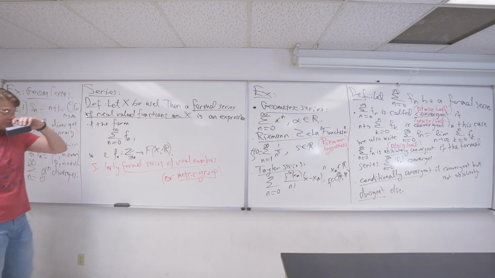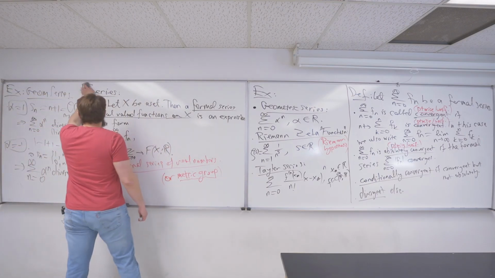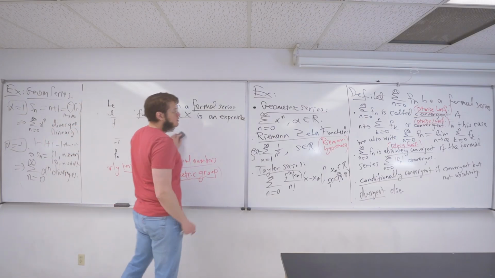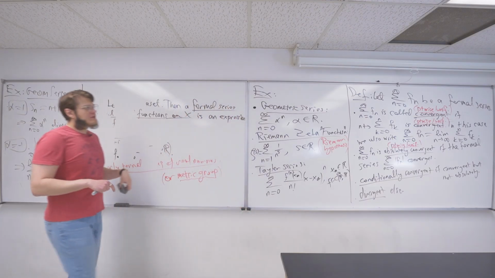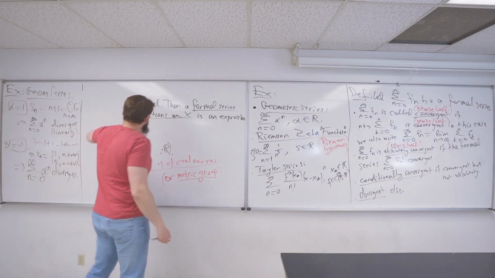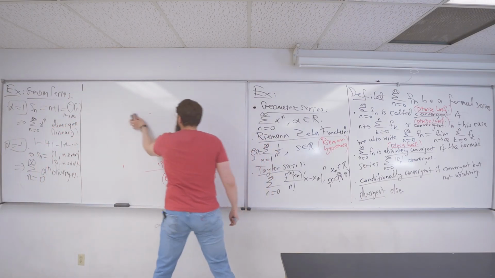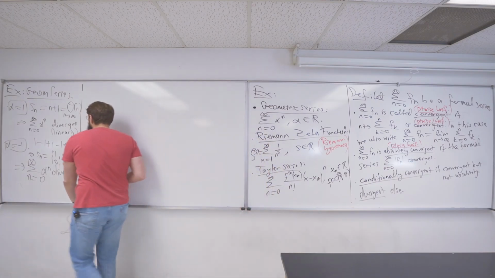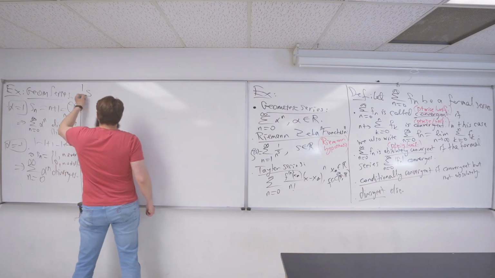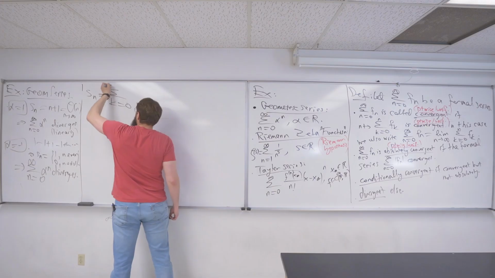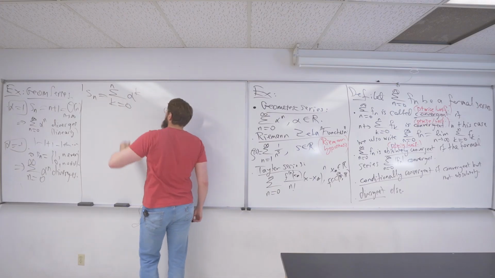How about other values? There is one trick here that you can use to write the nth partial sum as a formula. S sub n is the sum from k equals 0 all the way up to n of alpha to the k.